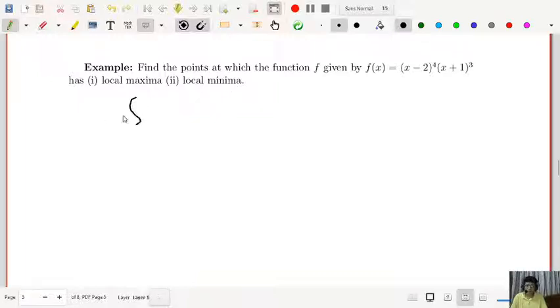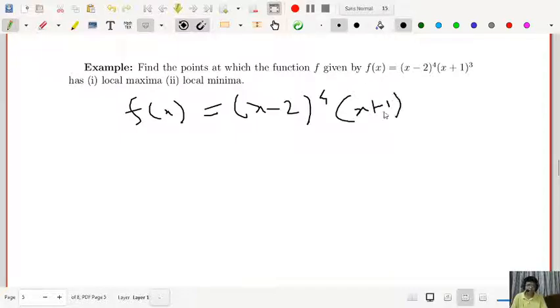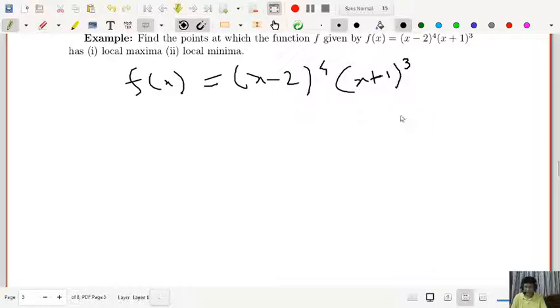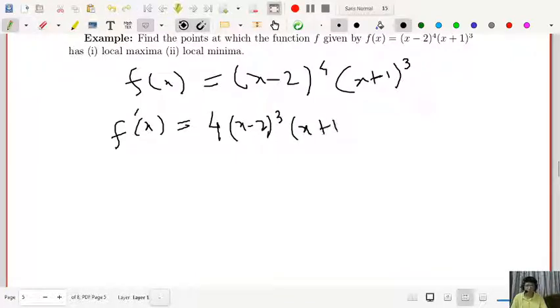Your function is given by f(x) equal to (x minus 2) to the power 4 and (x plus 1) whole cube. And what is f dash x? f dash x is given by 4 into (x minus 2) whole cube into (x plus 1) whole cube, plus 3 into (x plus 1) whole square into (x minus 2) to the power 4.